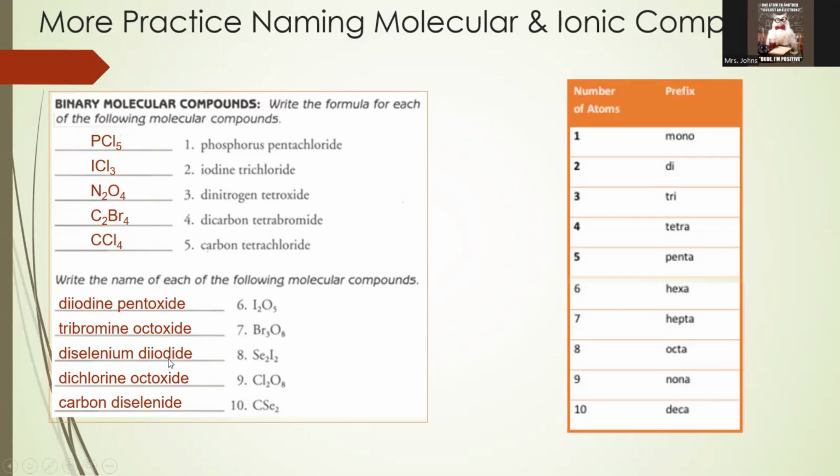Diselenium diiodide, so there's the diiodide again, but it's got the IDE because it's at the end. And over here, you just write the full element's name. The number 9 is dichlorine octoxide and carbon diselenide.